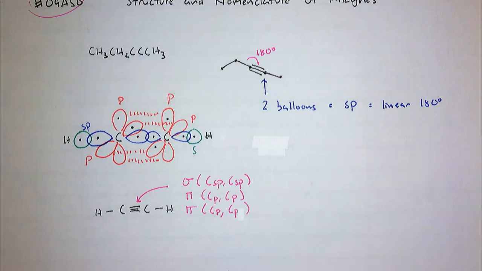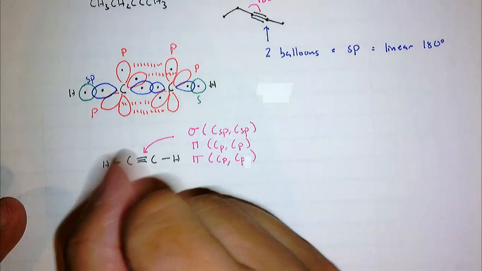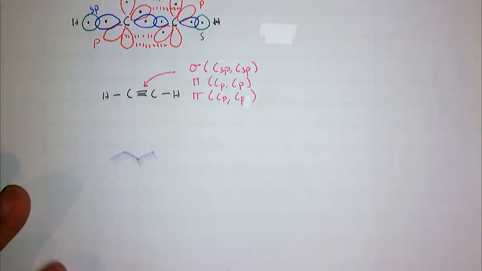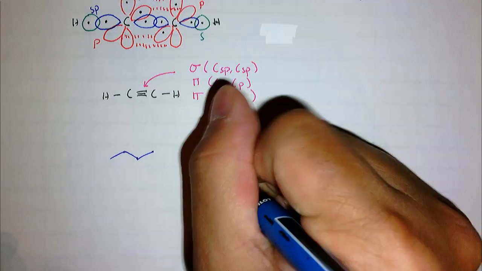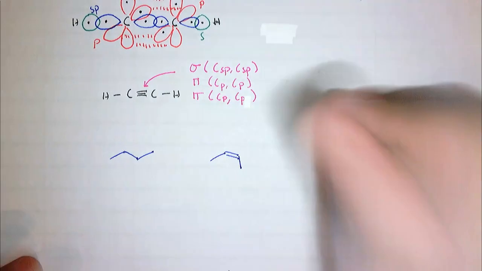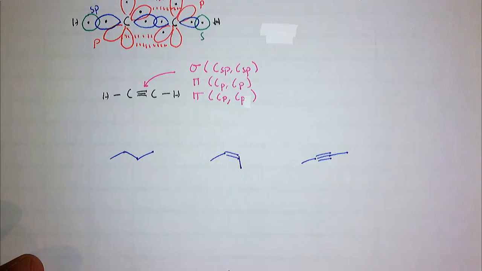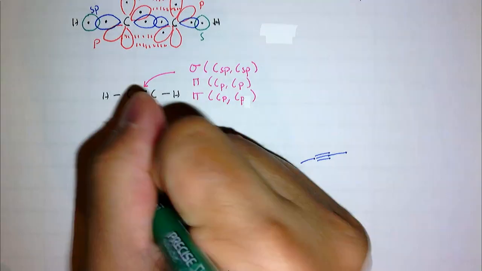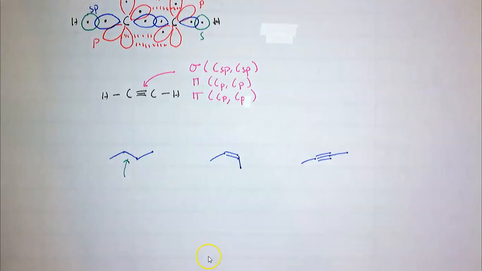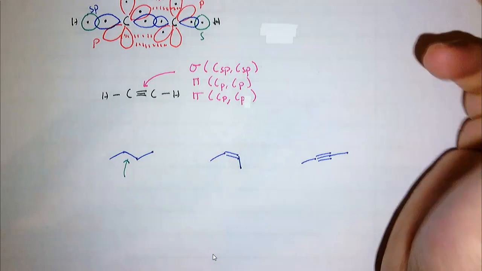Why don't we, I actually do need to talk about bond lengths. So here we have an alkane, an alkene, and we know that alkenes can possibly have cis and trans. And then we have the alkyne. In terms of bond lengths, it's really good to know, because later on we're going to see that it's important to know the bond lengths to fully understand resonance.